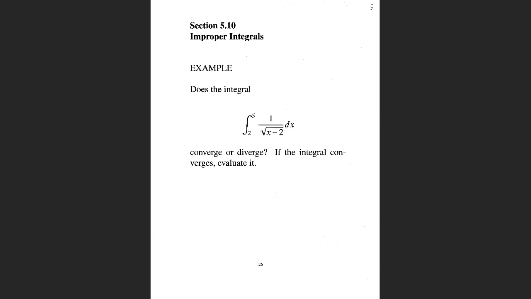And Nihat agrees with you. Yeah, the 2 here would make this denominator 0, and you can't have 1 over the square root of 0. As a matter of fact, for this function, 1 divided by the square root of x minus 2, at x equals 2, what would you have? What would the function do?